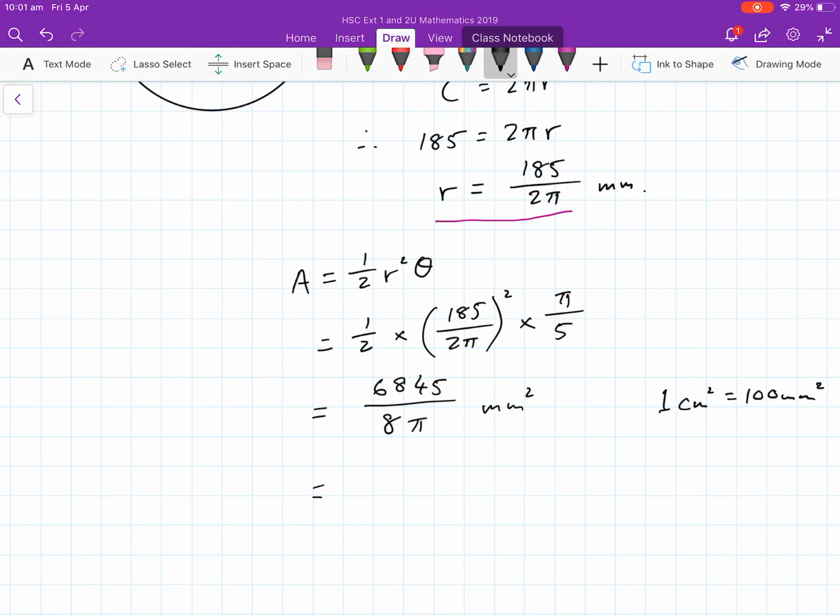Divided by 8 pi, it's 272.35 square millimeters to 2 decimal places, which is equal to 2.7 square centimeters to 1 decimal place. It depends what the question asks for.